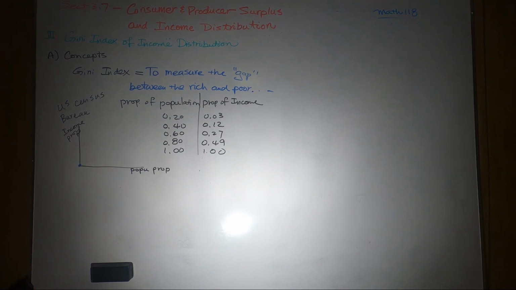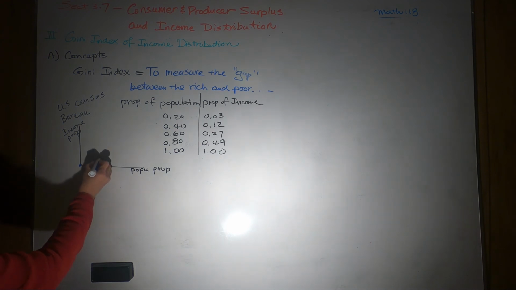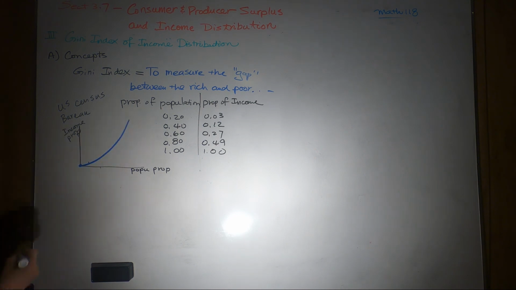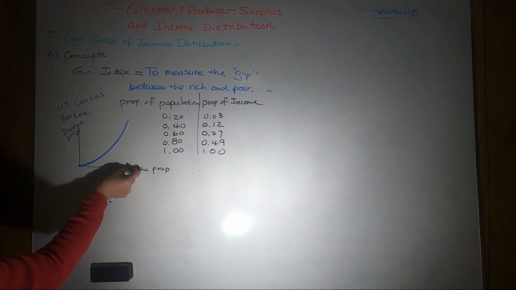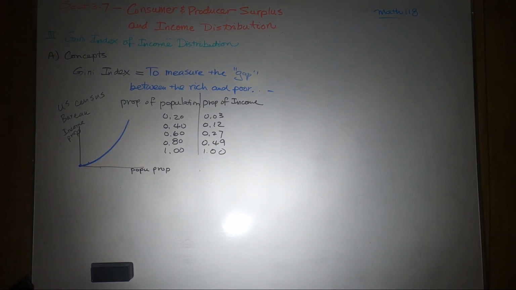Then if we have, say, 20%, that would be 3% of income, 40% would be 12% of income. Then it turned out like this. The last portion of people have a huge income proportion.